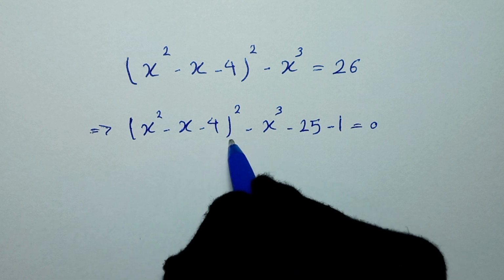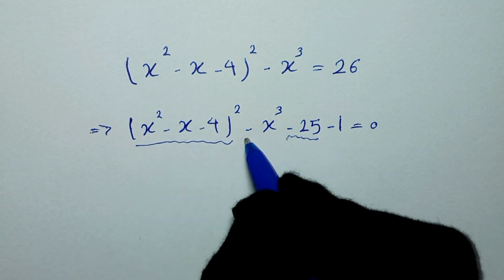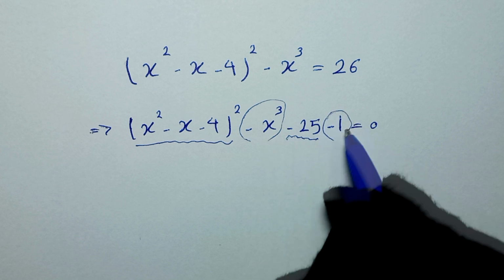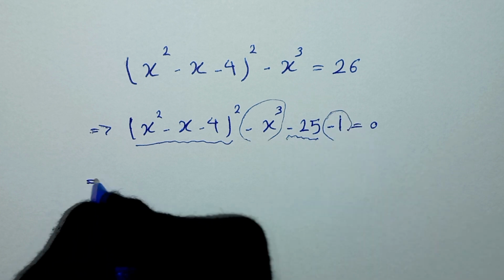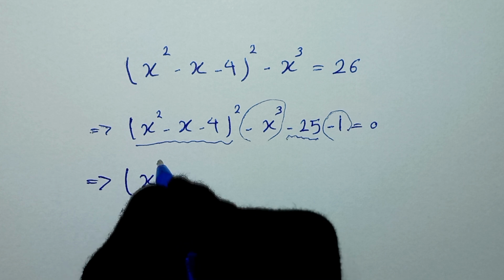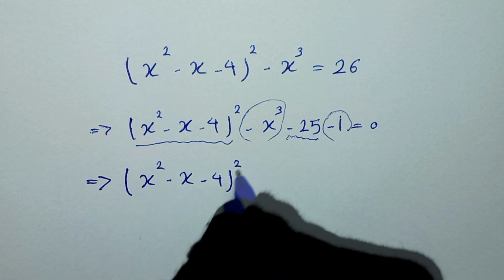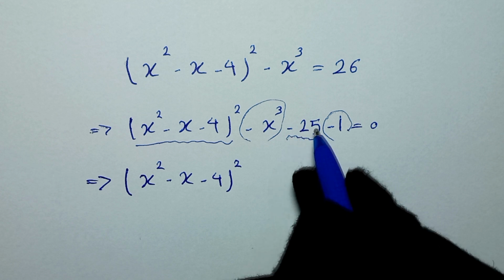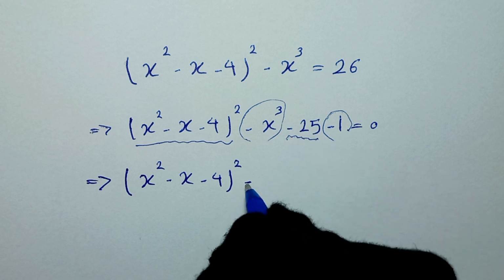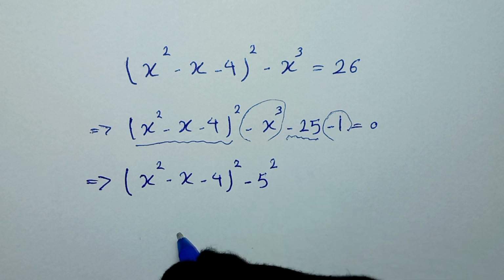Next step, we take this part and this together, and this and this together, so it will be x squared minus x minus 4 to the power of 2 and minus 25. We can write 25 as 5 to the power of 2.